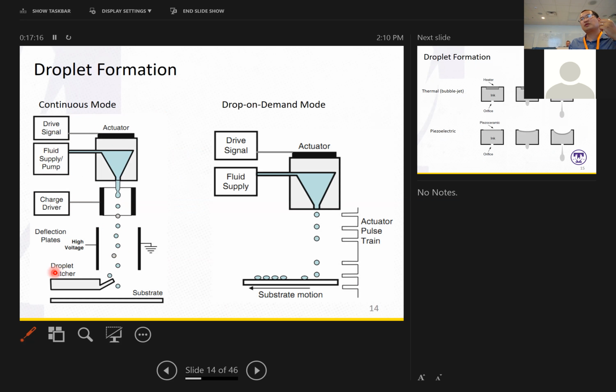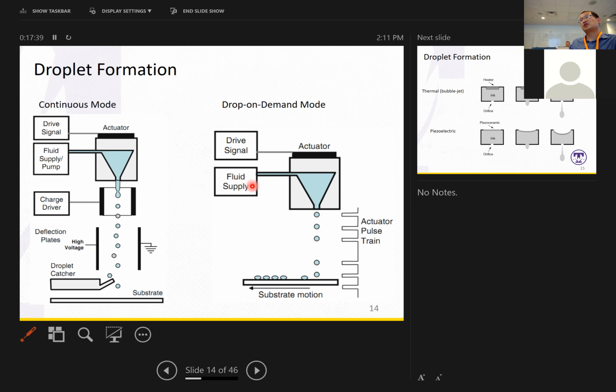And you have this droplet catcher, and then finally this droplet will be put onto this substrate. And you can see the distance between each droplet is very small, and you could consider it as a continuous flow. But for this drop-on-demand mode, you can see the setup is much simpler.